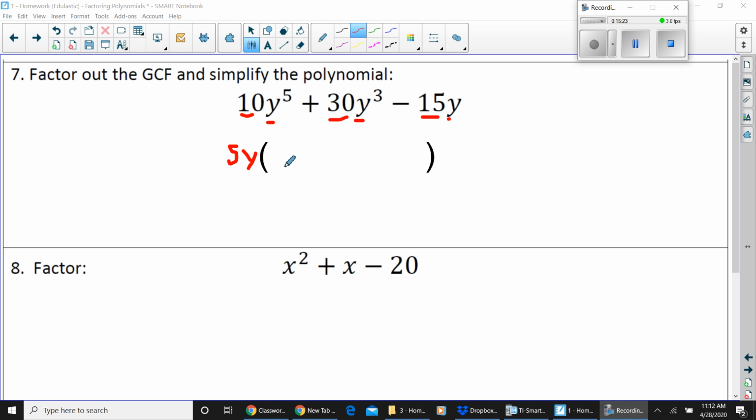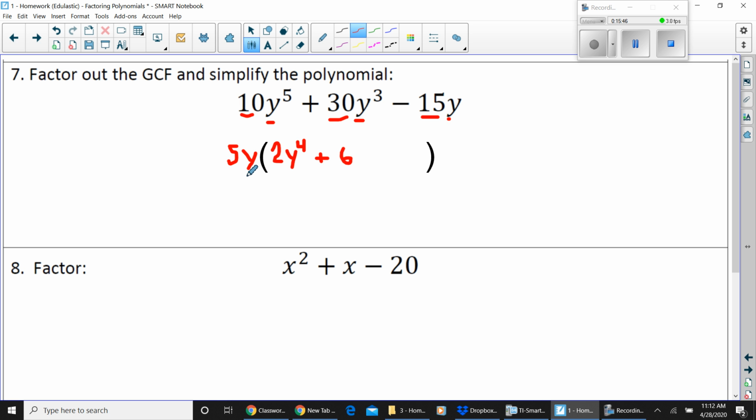So now we can do the distributive property inverse. What times 5 equals 10? That's 2. Y times what equals y to the fifth? Y to the fourth. All right. What times 5 equals 30? 6.